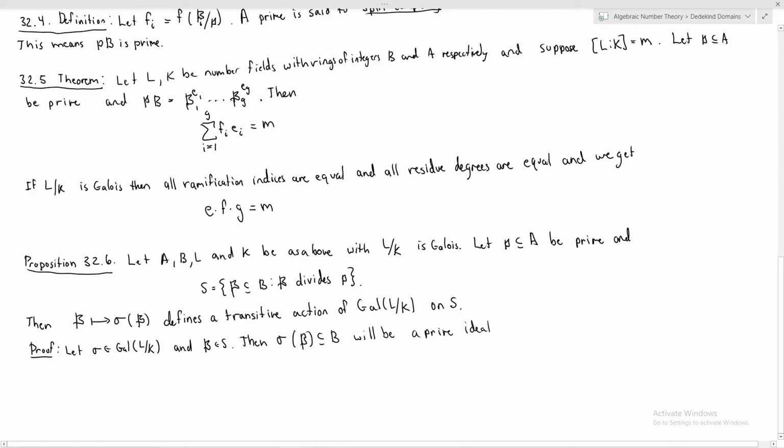And since sigma fixes A, then sigma of B intersect A, basically, that sigma of the prime will still lie over p.